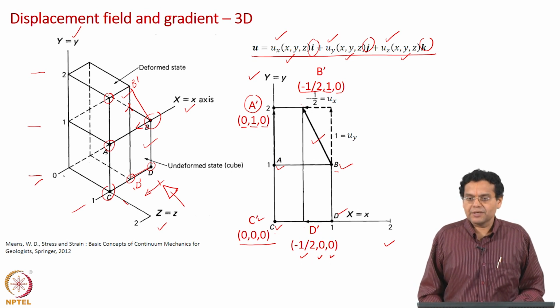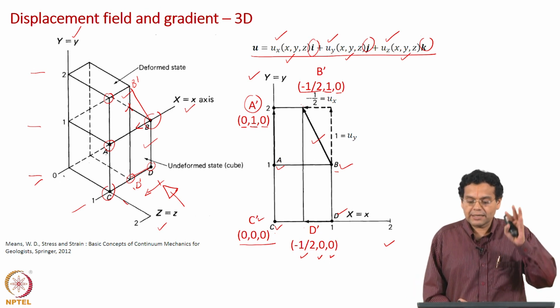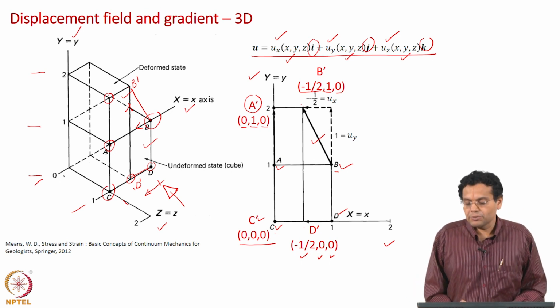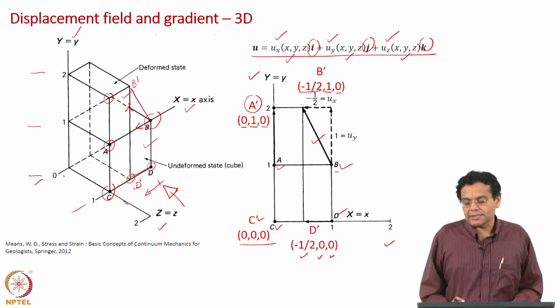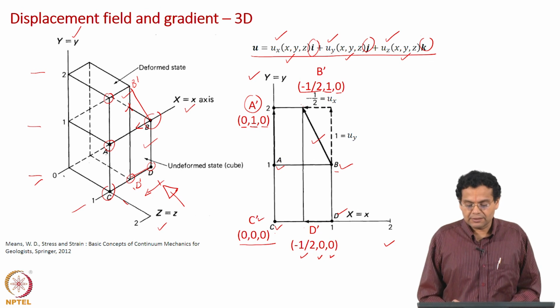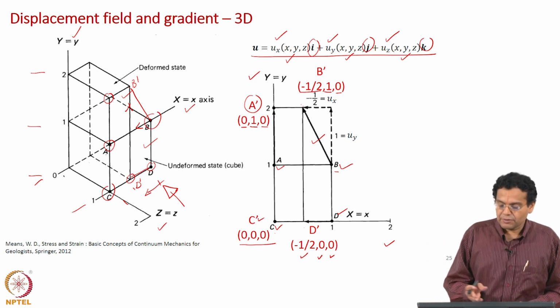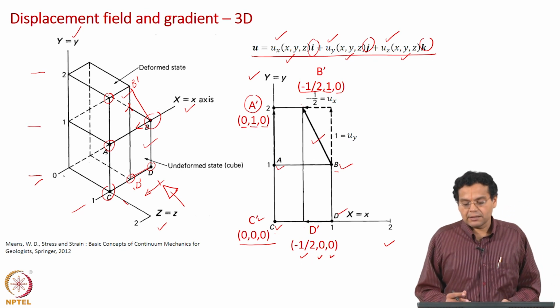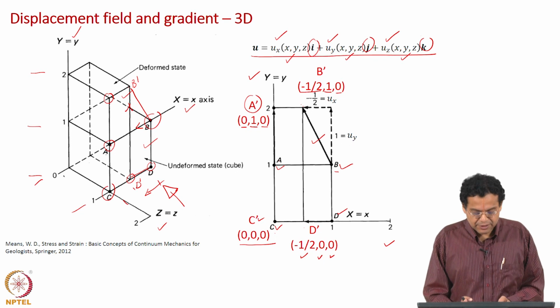Analogous to our velocity field, we write v equal to v x, v y, v z. Similarly, here we have written the u vector in terms of u x, u y, u z. The displacements in the x, y, z directions can be functions of x, y, z, and that is what we have seen here as well. The displacements, whatever numbers are shown, can be functions of x, y, z. Here it may be a constant, but in general they are functions of x, y, z.